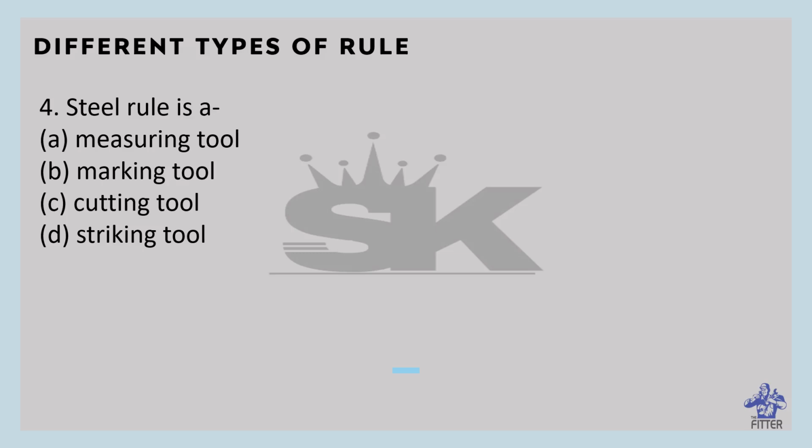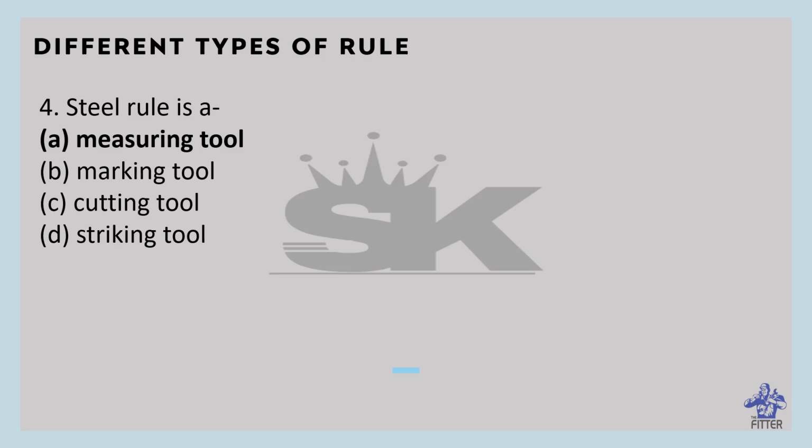Steel rule is a measuring tool. The steel rule is used to measure distance or to rule straight lines. Least count of steel rule is 0.5 mm, we have discussed. It is a straight edge with equally spaced markings along its length.